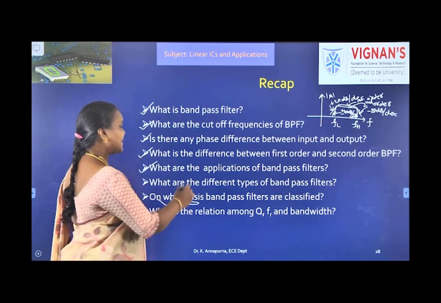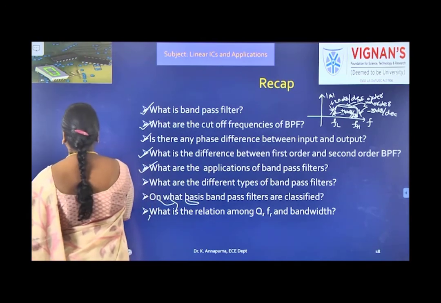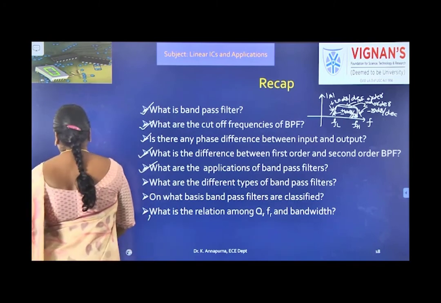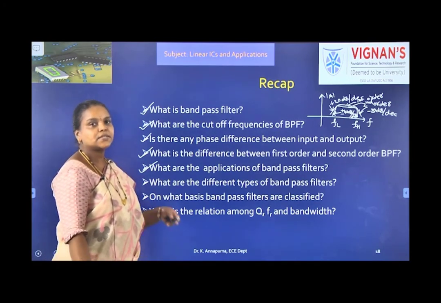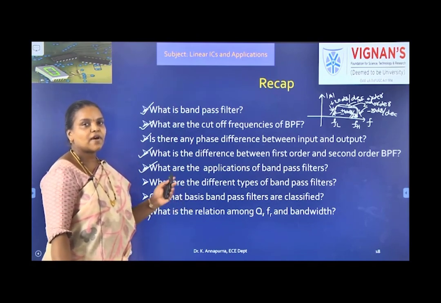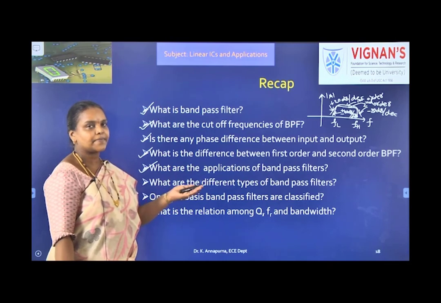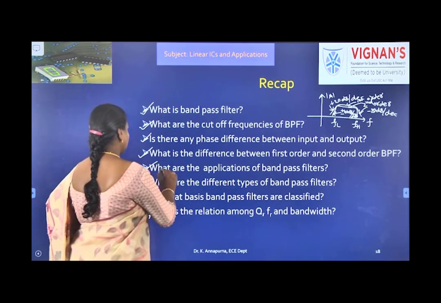What are the different types of band pass filters? Narrow band pass and wide band pass, based on the quality factor. If the quality factor is greater than or equal to 10, it is narrow band pass. If it is less than 10, it is wide band pass.